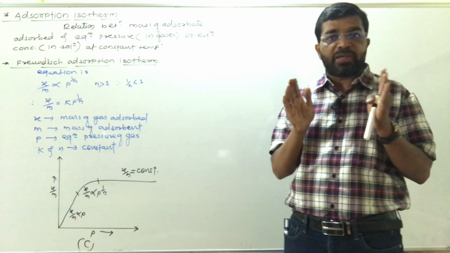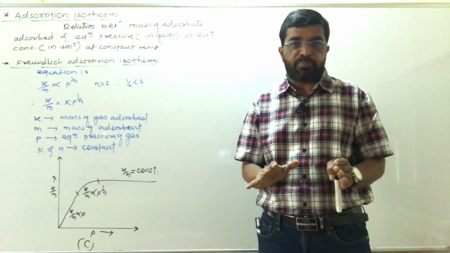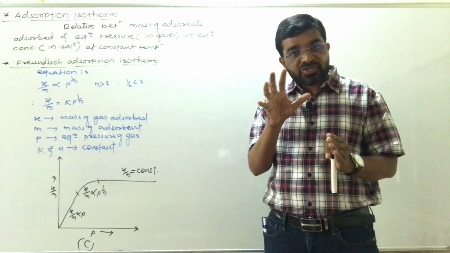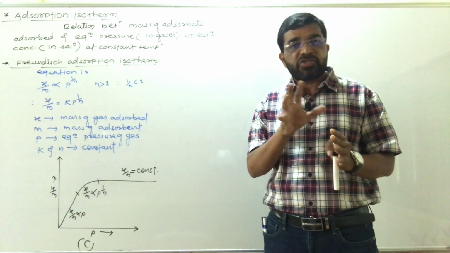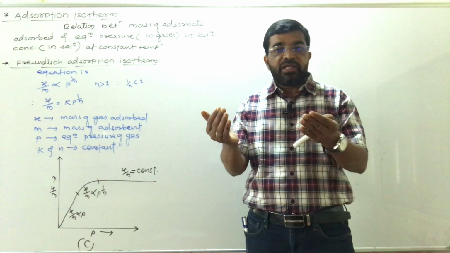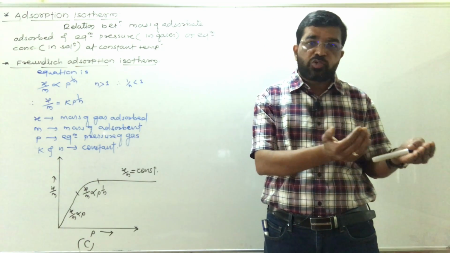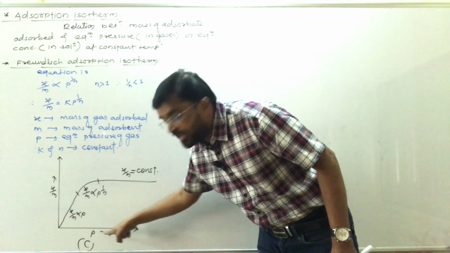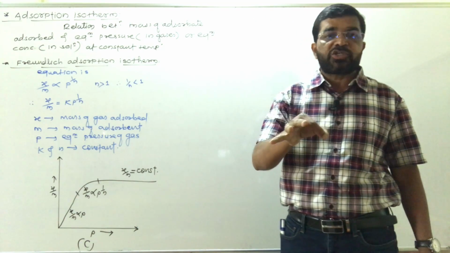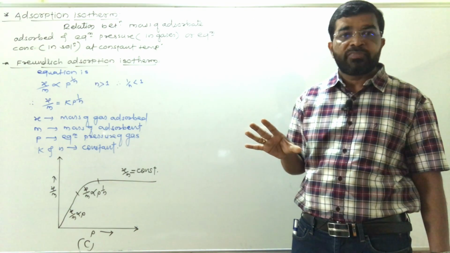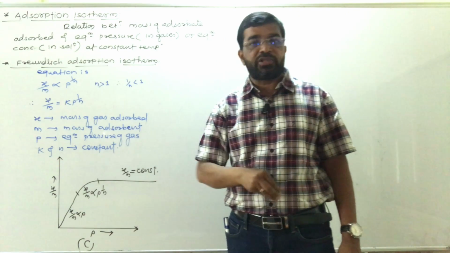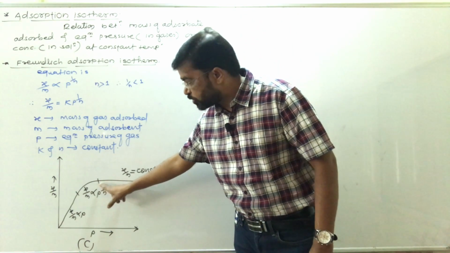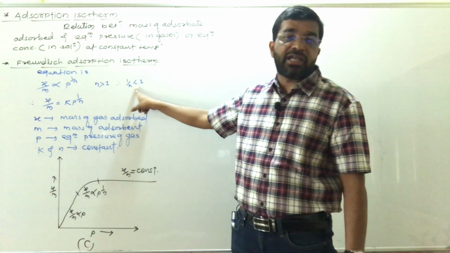When adsorption of gases takes place on the surface of the adsorbent, once the surface area gets covered, the adsorption process becomes slower and slower. Therefore, to the extent we increase the pressure, adsorption does not increase in the same proportion, which means p is raised to a power less than 1.